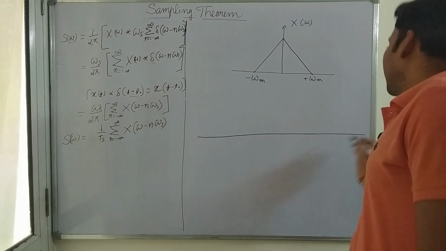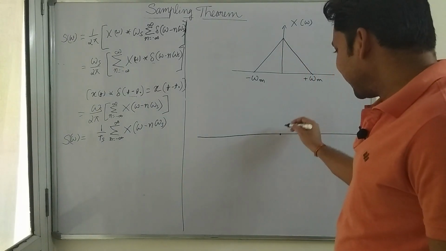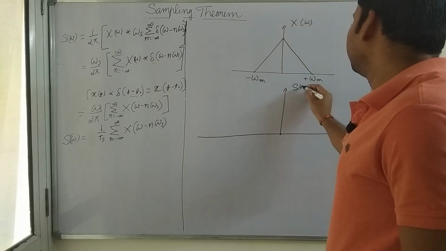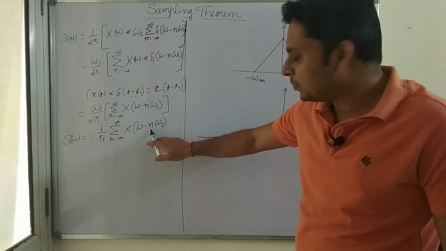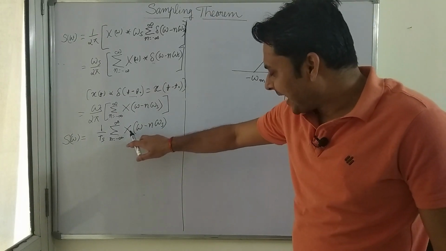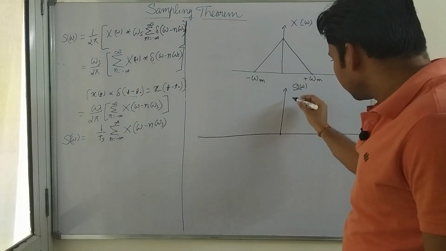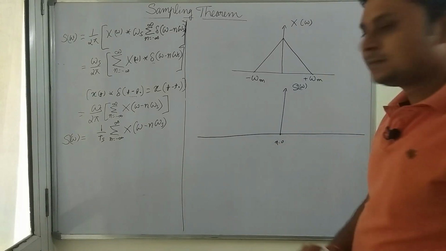So we will find this out. For n equals 0, what will happen? This is S of omega. When we put n equals 0, it will become X of omega. So suppose this is n equals 0.